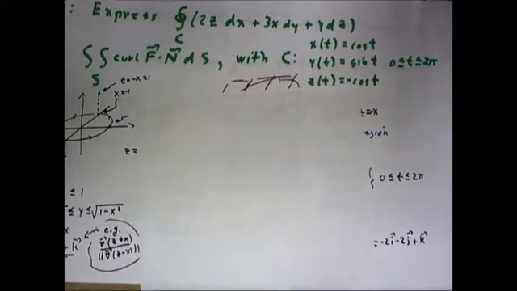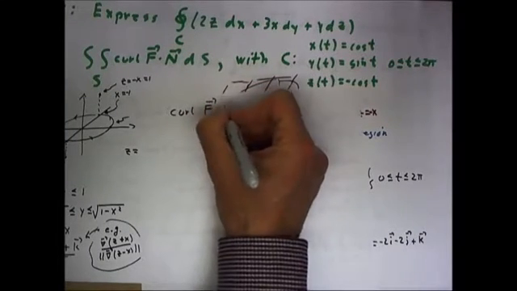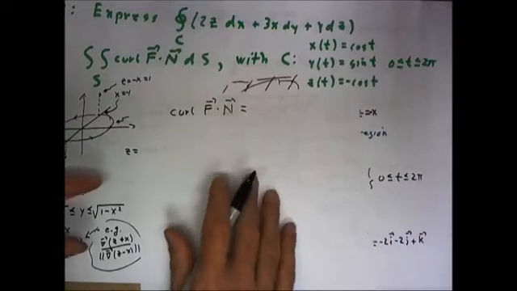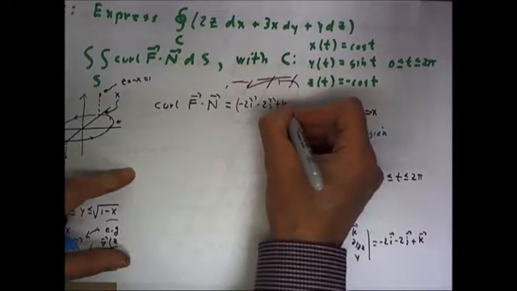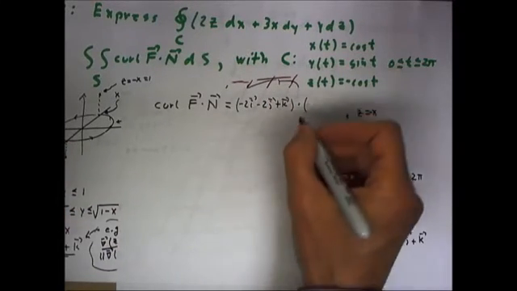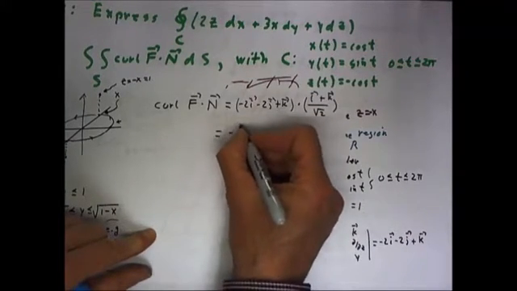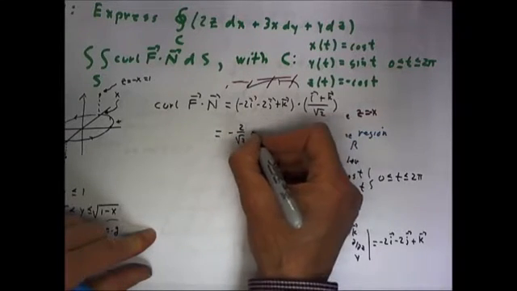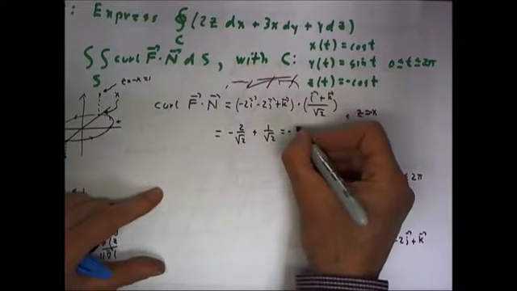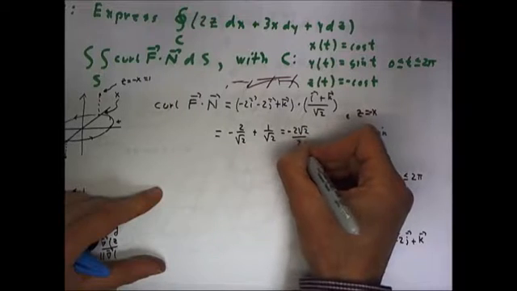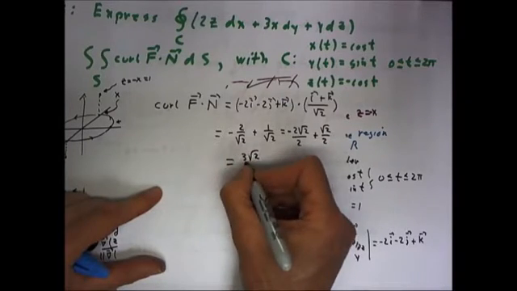I'm not sure I said that right, but we can see, and you can verify, that curl of f dotted with n equals negative 2i minus 2j plus k dotted with i plus k over the square root of 2, which equals negative 2 over the square root of 2 plus 1 over the square root of 2, which is negative 2 times the square root of 2 over 2 plus the square root of 2 over 2, which is 3 times the square root of 2 over 2.